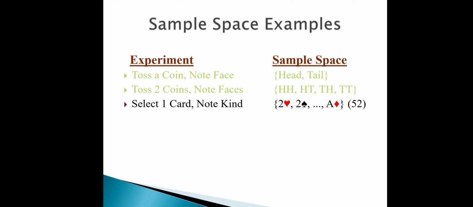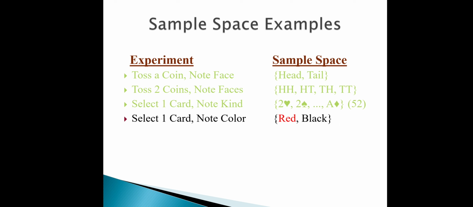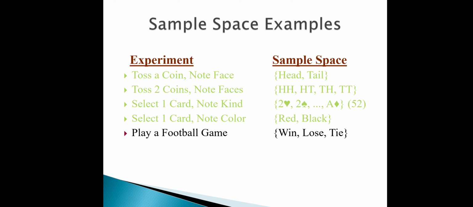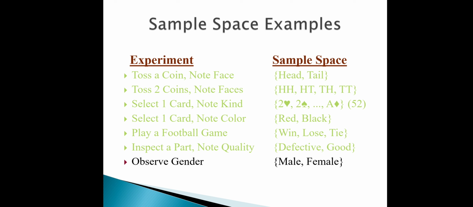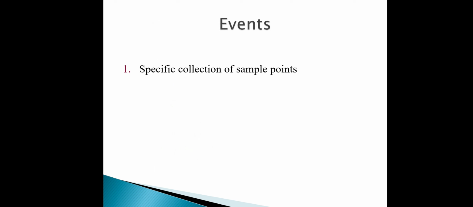Select a card, note the kind, 2 up to Ace, related with 52. Select one card, note the color, red or black. Play a football game: win, lose and tie. Inspect a part, note the quality: defective, good. Observe a gender: male and female.